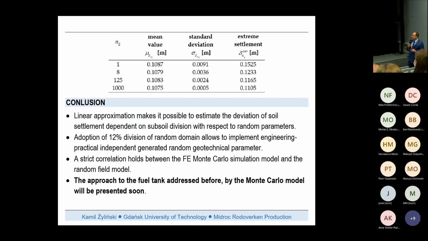And this proves that this approach can be implemented into the 3D model of this tank, and it will be performed soon. However, due to the workload, it wasn't done yet, but will be as soon as possible, and I hope the results will converge as well.